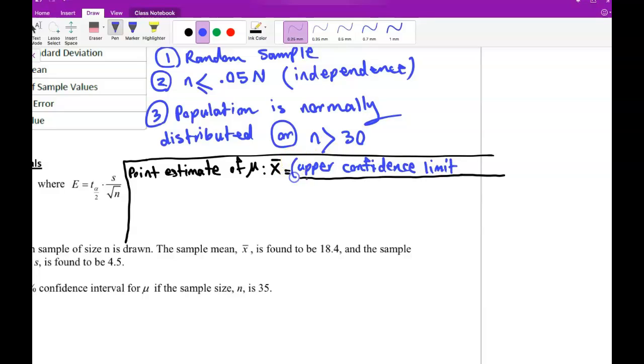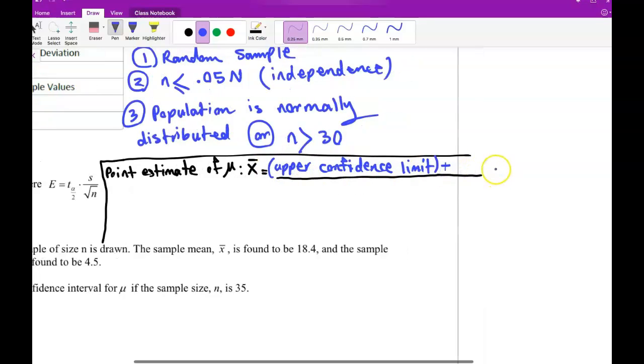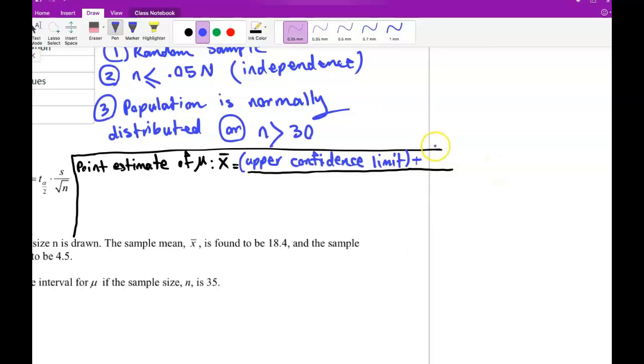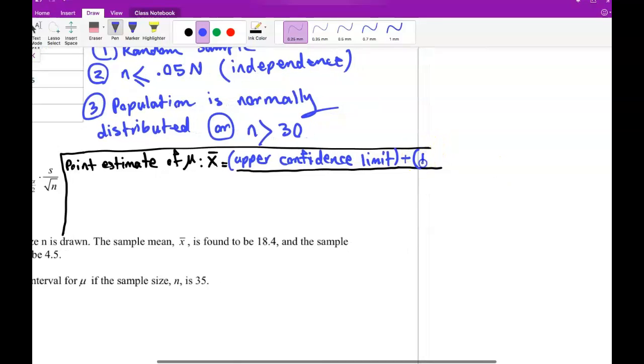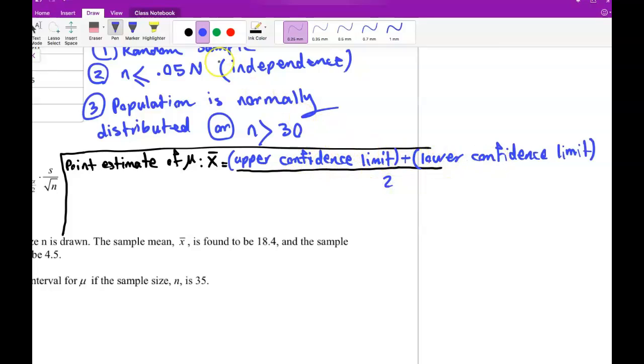So adding this one, so plus lower confidence limit. Then divide by 2, because here we have upper, lower. Adding these two, divide by 2 to find point estimate.